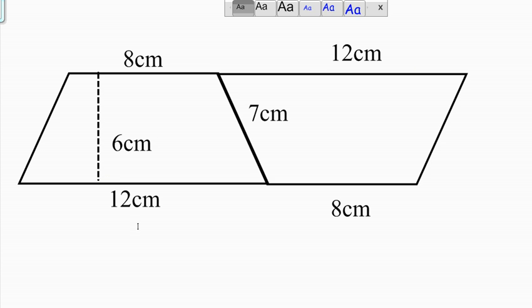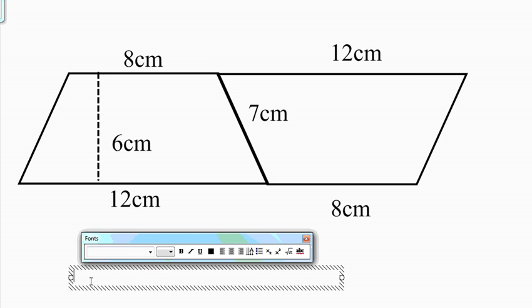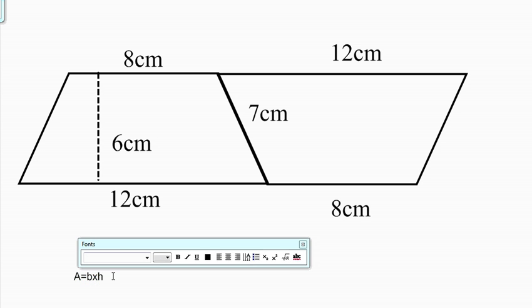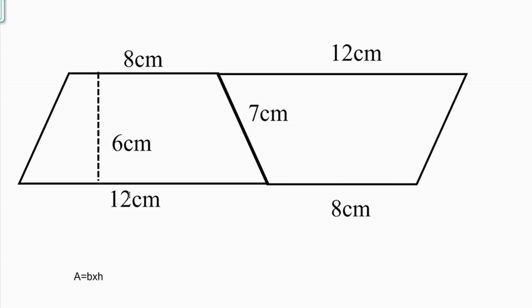And remember that the area of a parallelogram is area equals base times height. So 20 times 6, which is 120. And then again, we have to divide by 2, or take half off, which makes 60 centimeters squared. So that should be the area of the trapezoid.